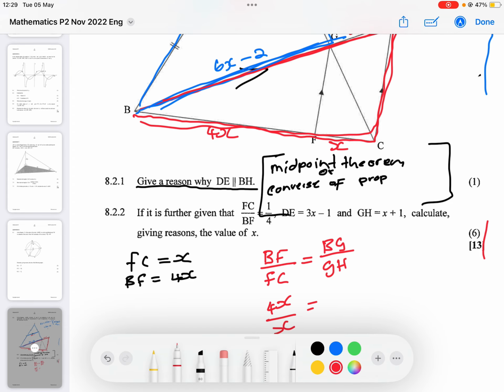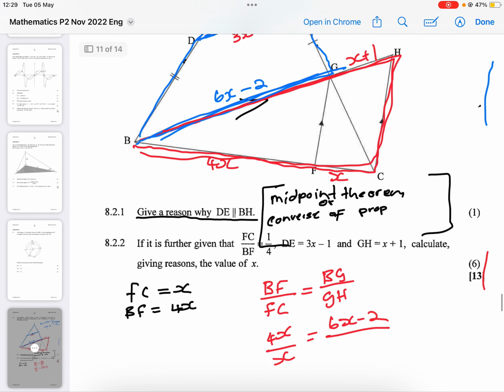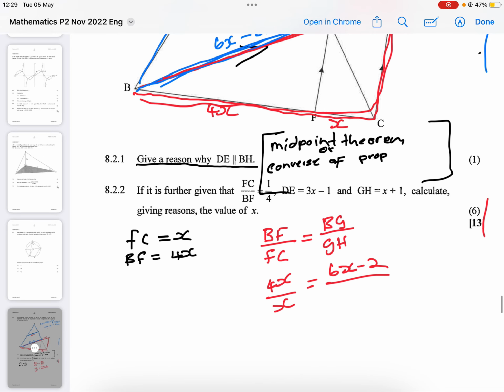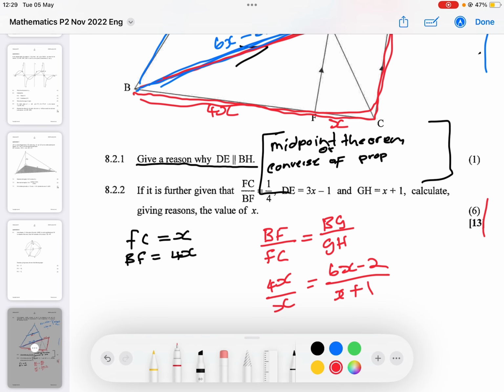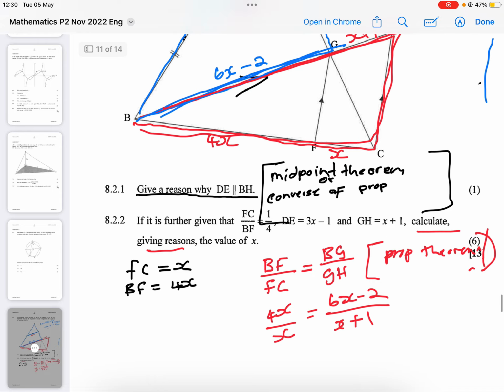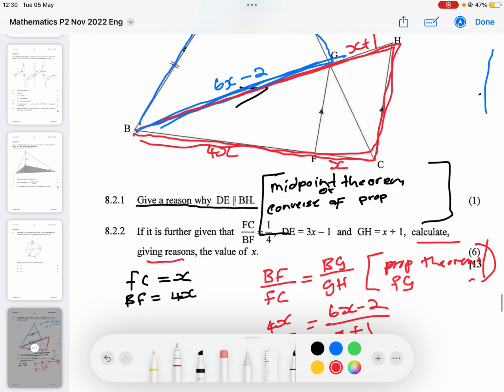My BG is 6x minus 2 over GH. GH is x plus 1. Now remember, we have to calculate, giving the reasons, the value of x. Why do we say this is the proportionality theorem? Because FG is parallel to HC.